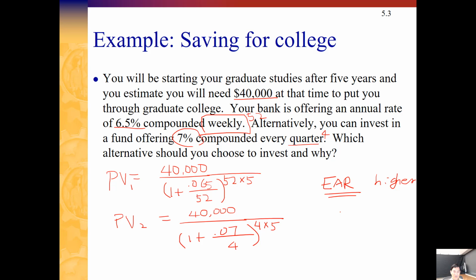So either you choose the lower present value or the higher EAR. We'll discuss EAR in the next slide. So first let me show you how to do this calculation in Excel.